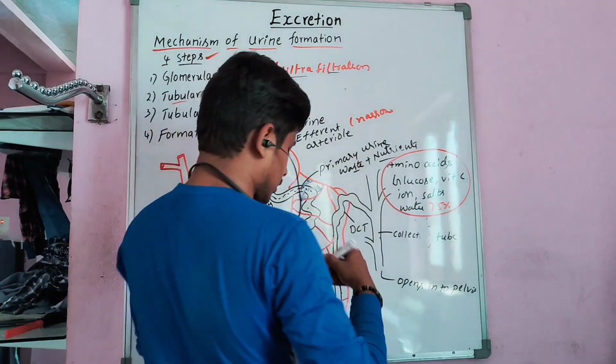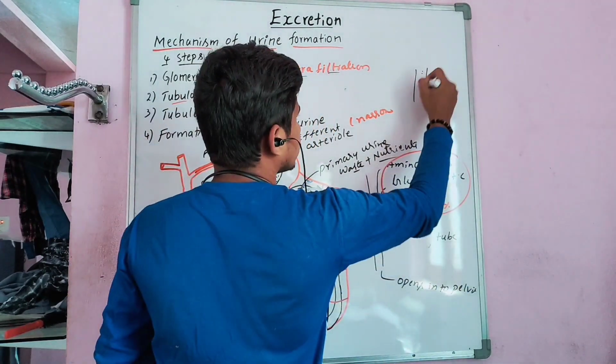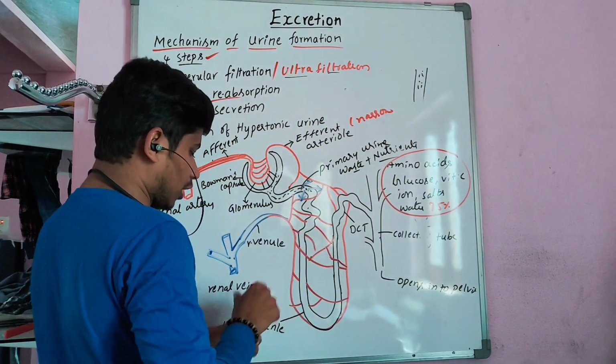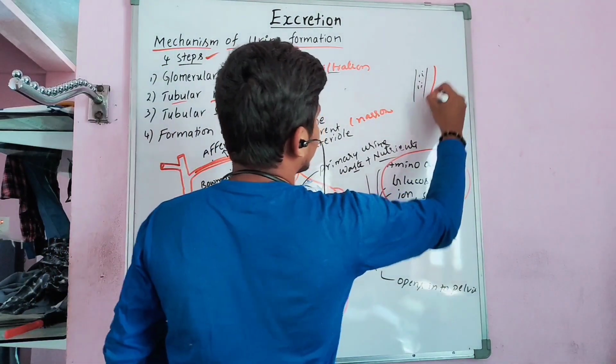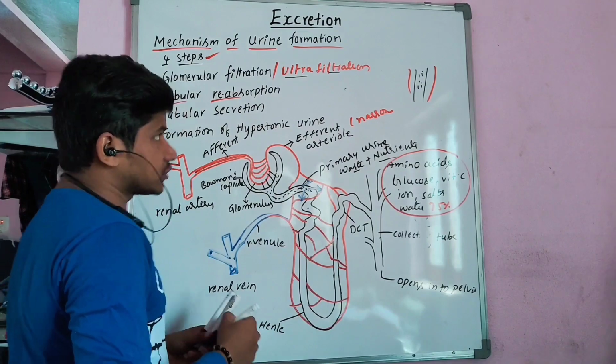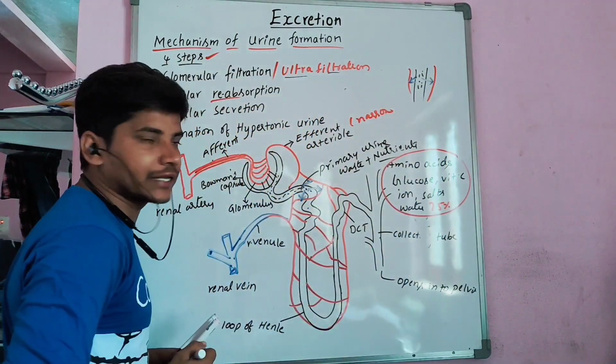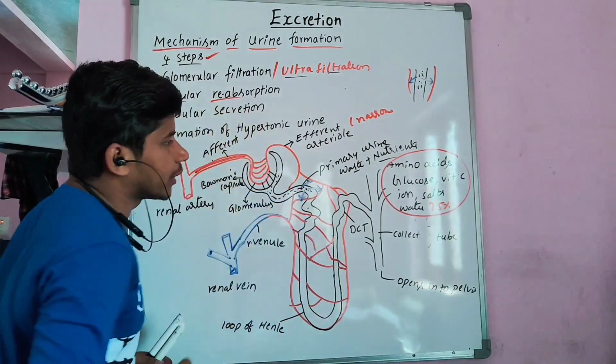See, this is a PCT and it is having what? Primary urine. Around the PCT, what is there? The peritubular network is there, this one. Now the tubular reabsorption process involves the nutrients getting reabsorbed into the blood capillaries. That is what we call tubular reabsorption.